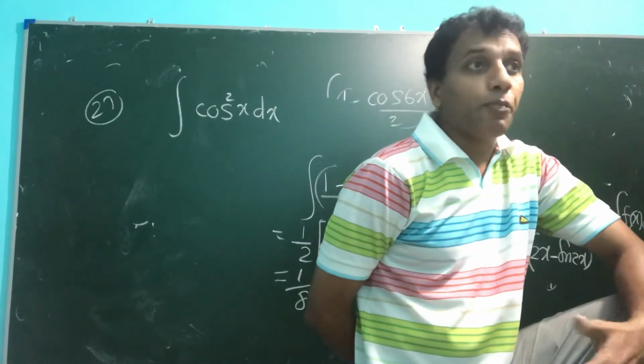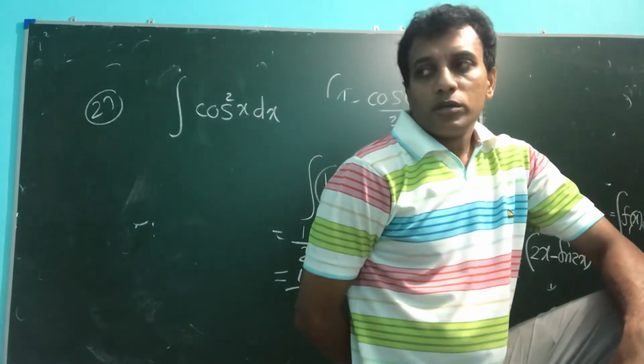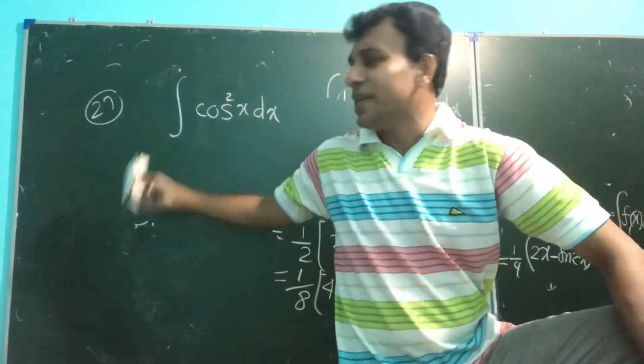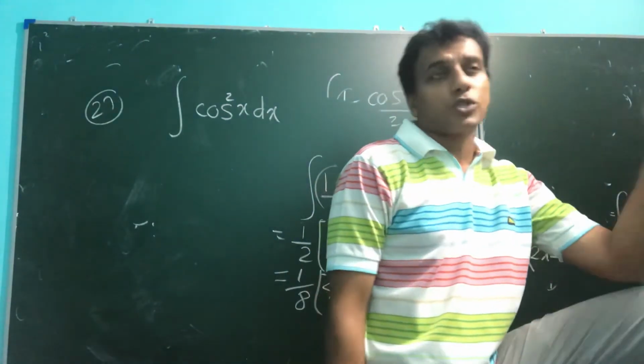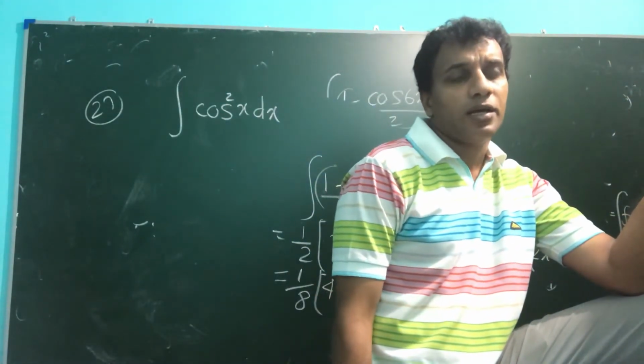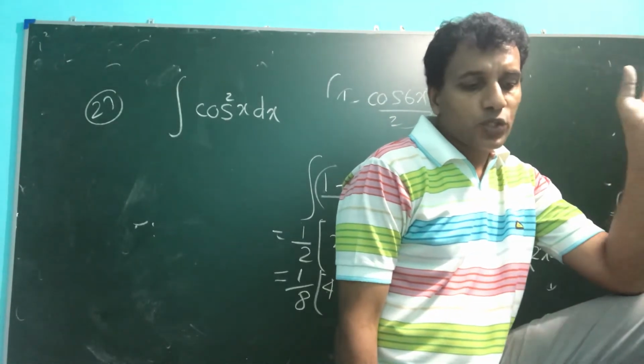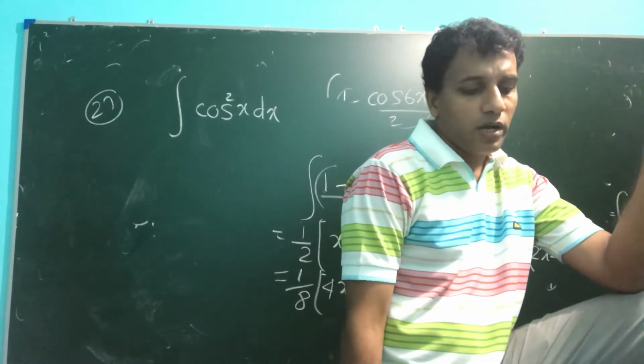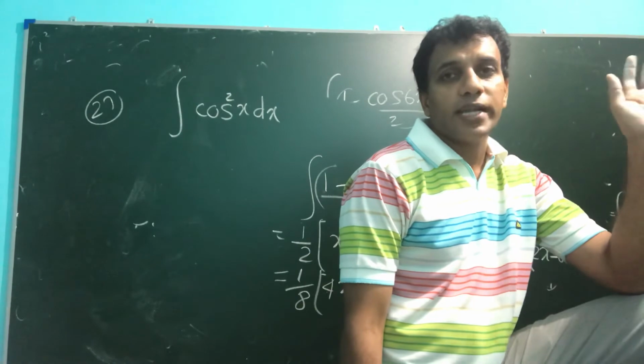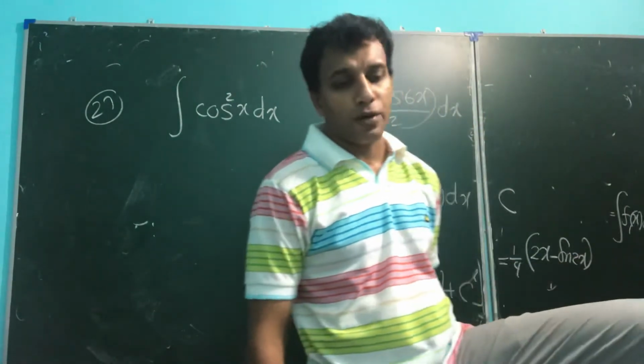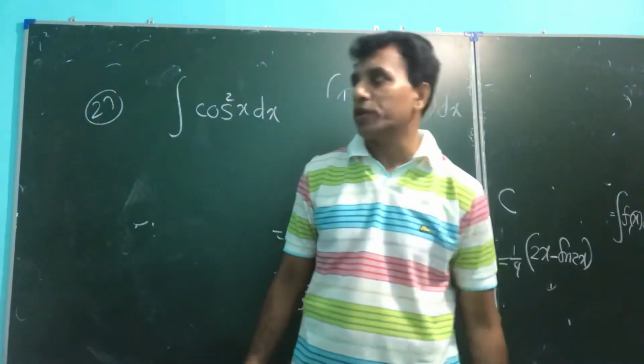Standard cos square, very important. So why don't you use the same idea as earlier? Same method, because for cos square also we have the cos double angle. So whatever sine square, cos square, take the cos 2 theta form.